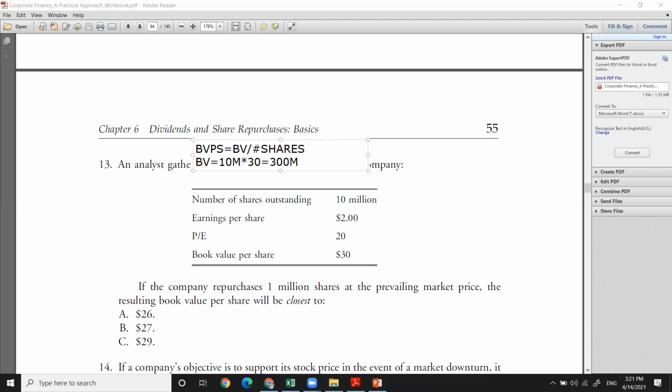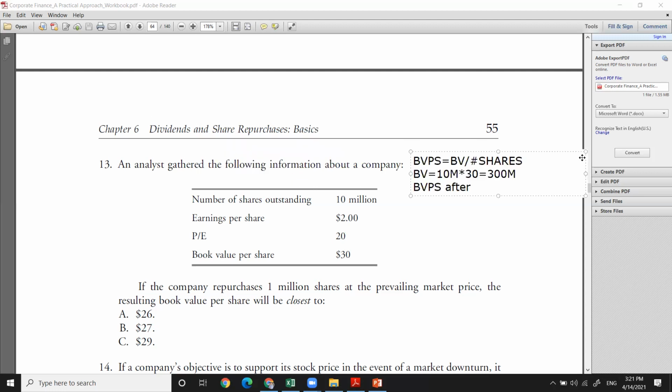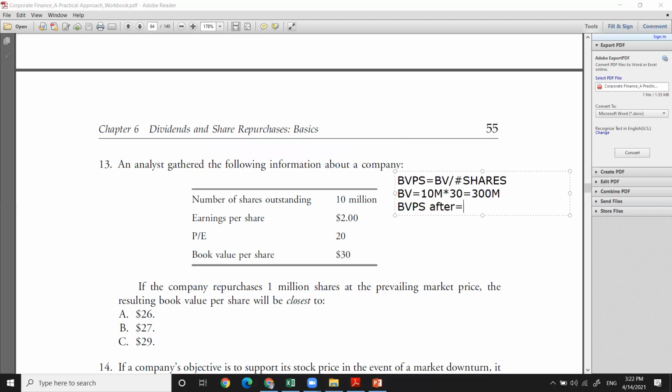That's great. Then we need to estimate the book value per share after. So open the bracket: 300 million minus 1 million shares times the price.